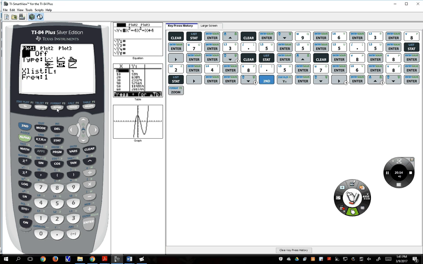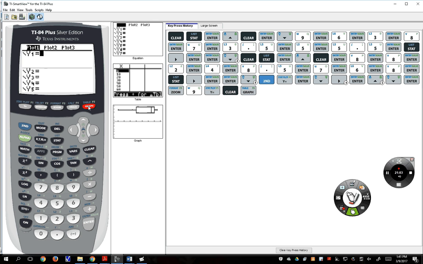And then if you go to zoom and you choose choice 9, which is stat. Oh, sorry, I have something else in my thing. Hold on a minute. Let me clear that out. There's your box and whisker plot. And if you push trace, it will trace over your Q1, median, Q3, and maximum, to your pieces of data.